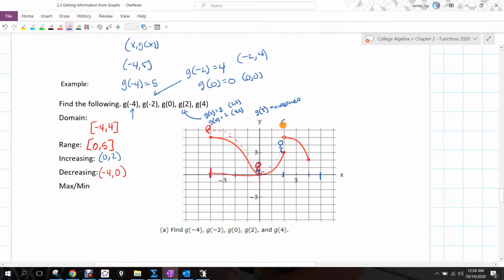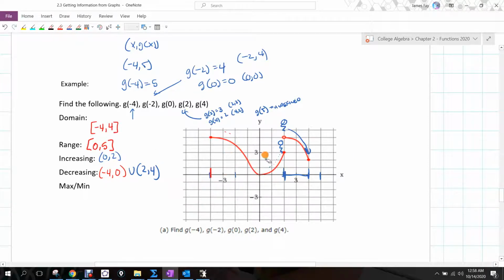Then from an x value of 2 to an x value of 4, you'd be walking down, so you're back to decreasing from 2 to 4. Whenever we have multiple intervals of these two behaviors, we will be unioning them.